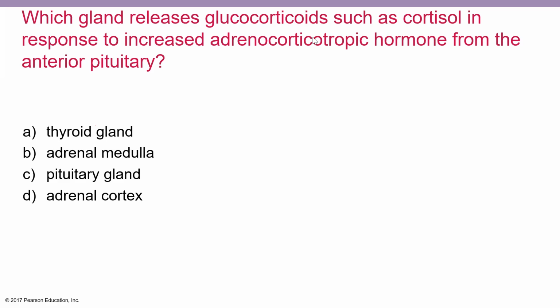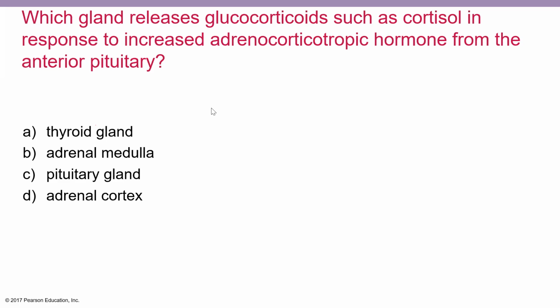So which gland releases glucocorticoids such as cortisol in response to increased adrenocorticotropic hormone from the anterior pituitary? So many of you selected A and B, which is thyroid gland and adrenal medulla. So neither A or B are correct, right?